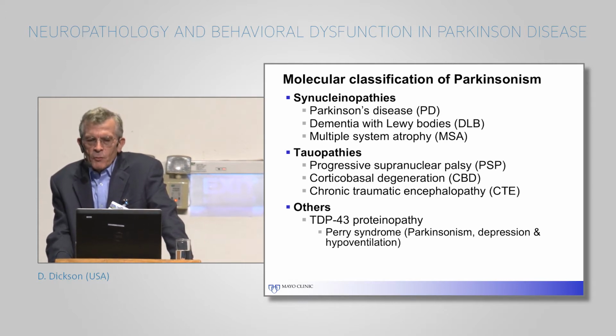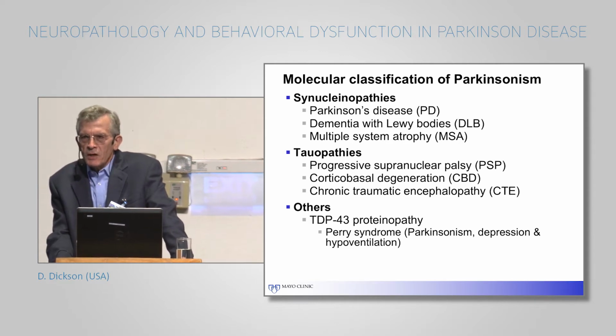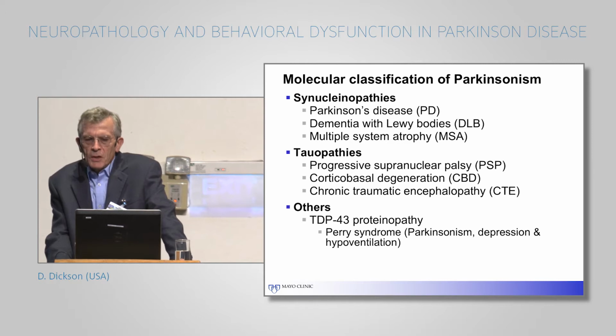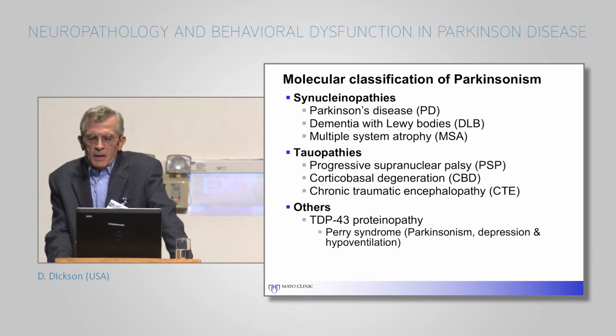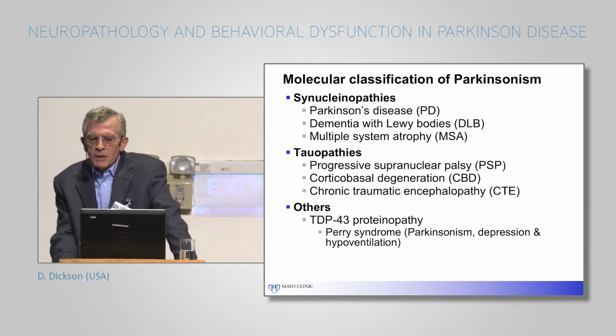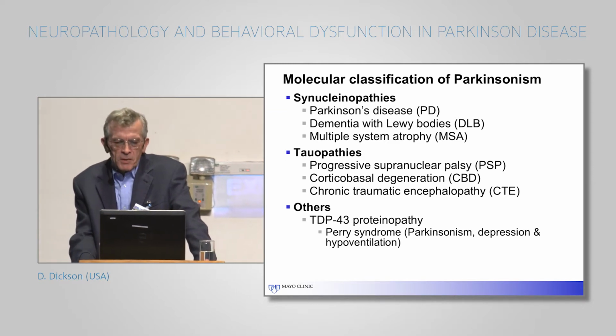The other major form of Parkinsonism is associated with abnormalities in the tau protein, where abnormal deposits of tau occur in neurons and glia. The most common of the tauopathies is progressive supranuclear palsy, corticobasal degeneration being less common, and a type of Parkinsonian disorder that has drawn increasing attention from the public is chronic traumatic encephalopathy.